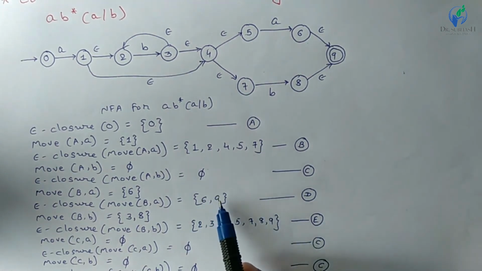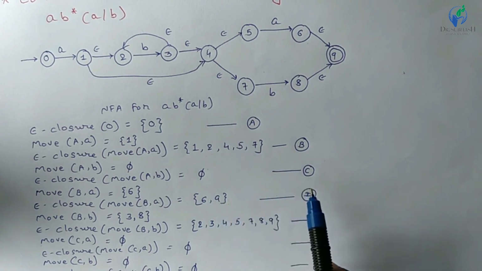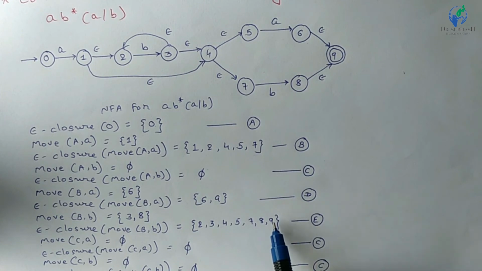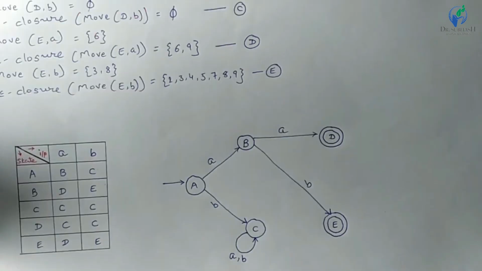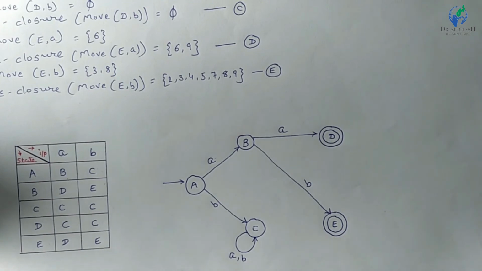In state D and state E, you got the 9 state. So in the DFA, state D and E, both these states are final states. Now draw the DFA from your transition table.